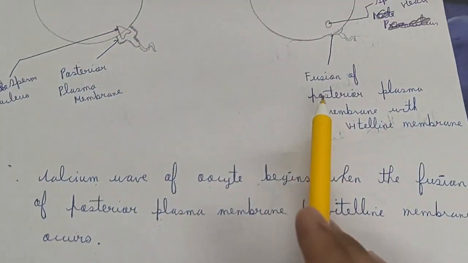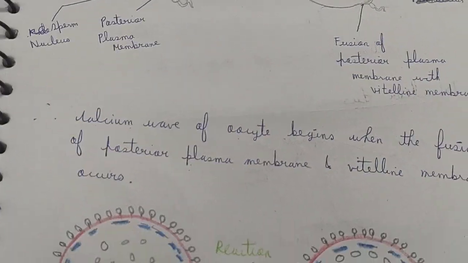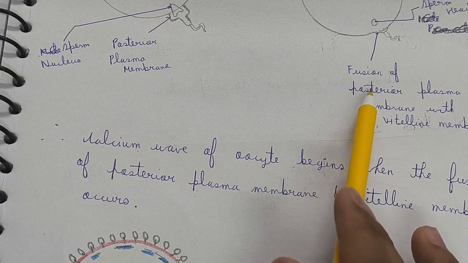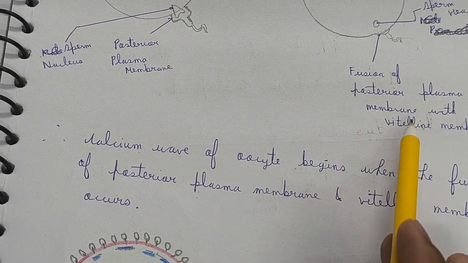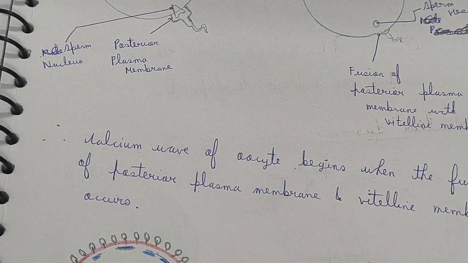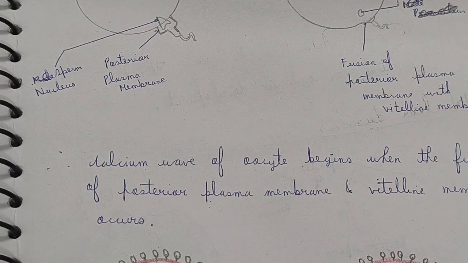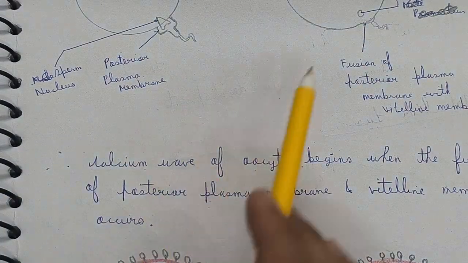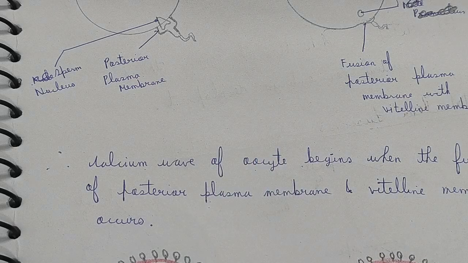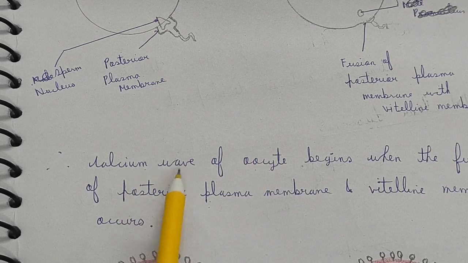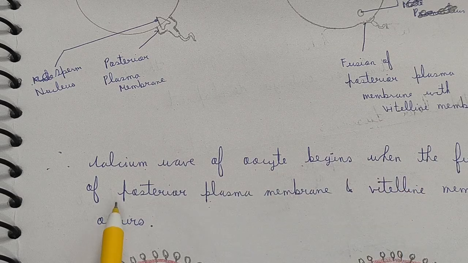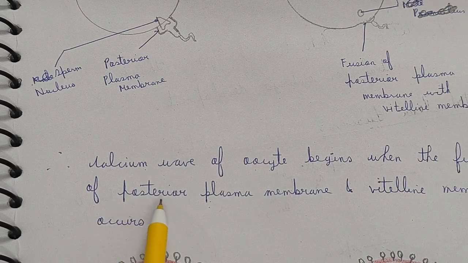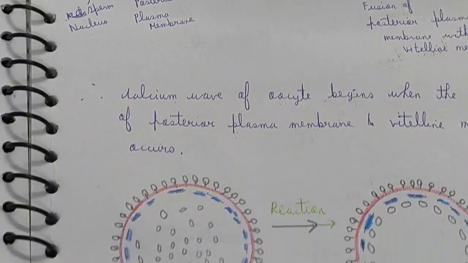So fusion of the posterior plasma membrane with the uterine membrane occurs. As you can see, the sperm head has already come in contact with the uterine membrane. Therefore, the calcium wave of the oocyte begins when the fusion of the posterior plasma membrane and uterine membrane occurs.